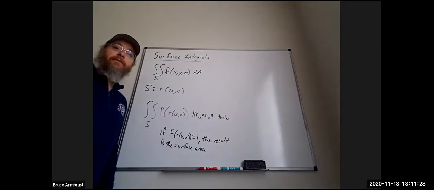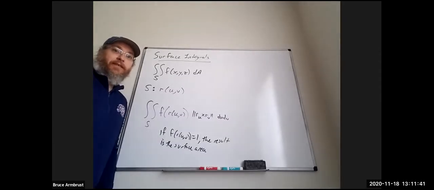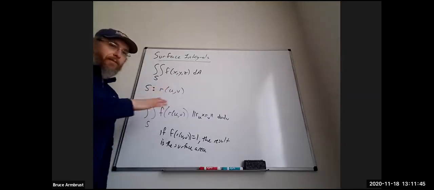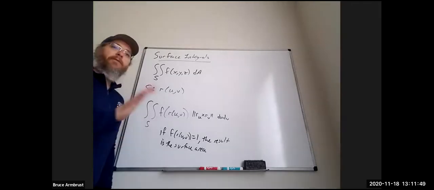And we also talked about surfaces that are functions of x and y. Those are the easiest. You let x equal u, y equal v, and then z equals whatever that function is. So just a little bit of a review of where we were. What we're going to do today, we're going to go a little bit further.